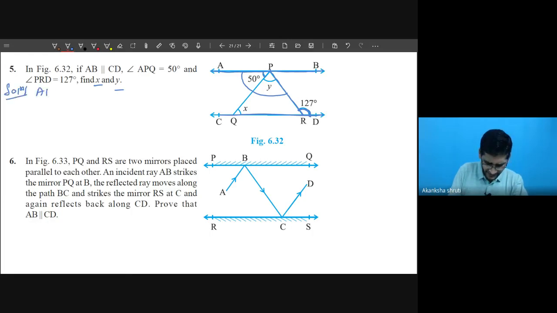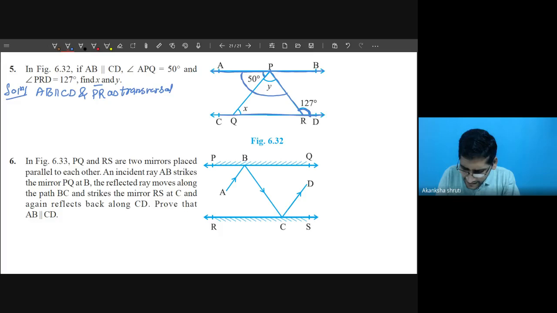AB is parallel to CD and PR is the transversal. With this information, what can we write? This bigger angle, 50 plus y, is 127 because it is an alternate interior angle. So write 50 plus y is equal to 127.